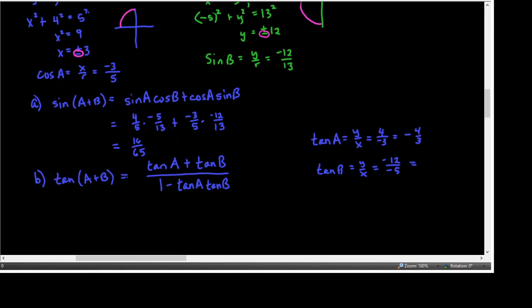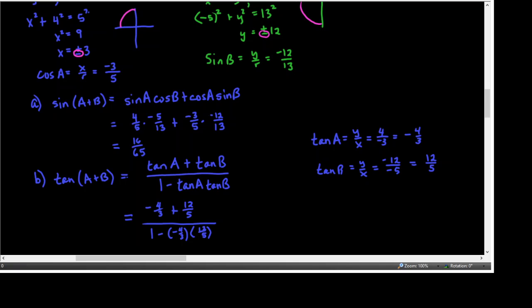So that's 12/5. So by substitution, that's negative 4/3 plus 12/5 divided by 1 minus negative 4/3 times positive 12/5.